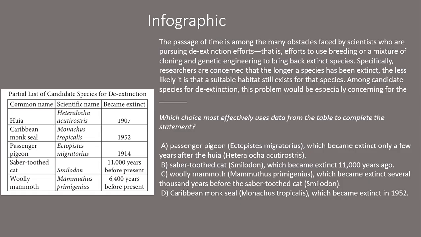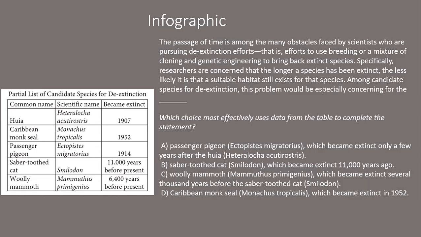Specifically, researchers are concerned that the longer a species has been extinct, the less likely it is that a suitable habitat still exists for that species. Among candidate species for de-extinction, the problem would be especially concerning for the dash.